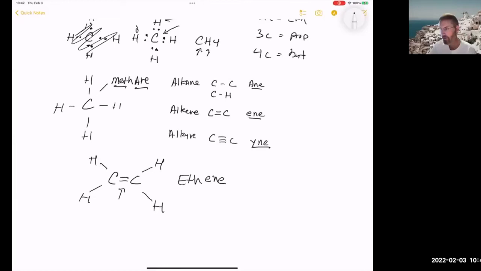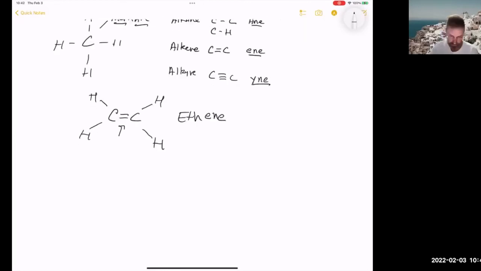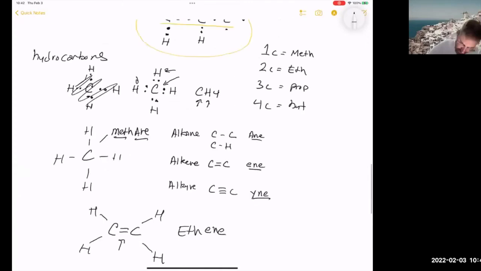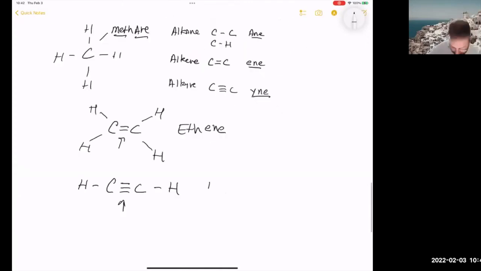And let's just give you an example of an alkyne. 2 carbons triple covalently bound to each other. And then you have a hydrogen here and a hydrogen here. So 2 carbons would make this an eth. Triple covalent bond would make that an alkyne.